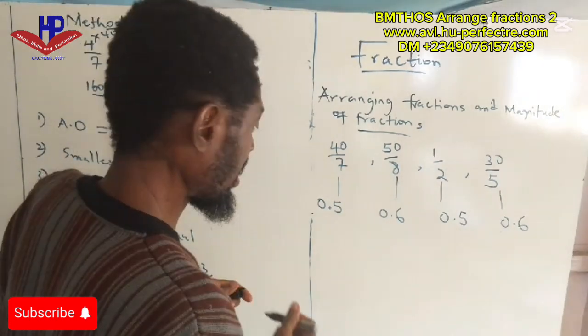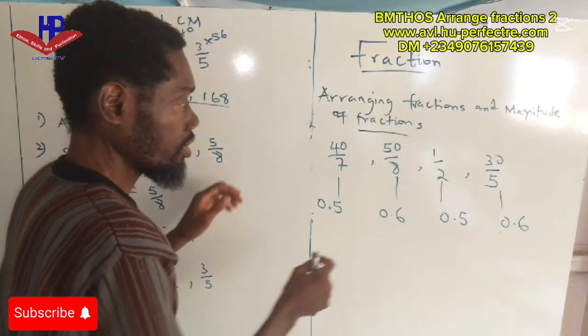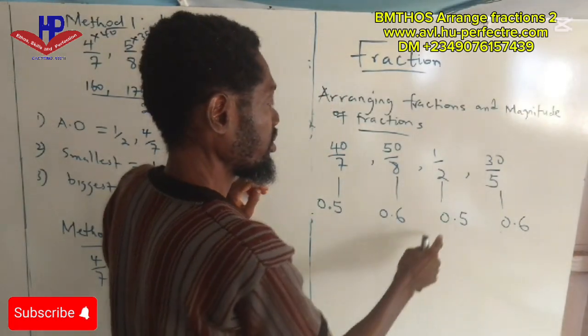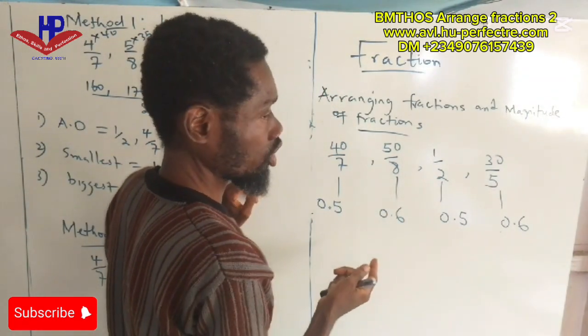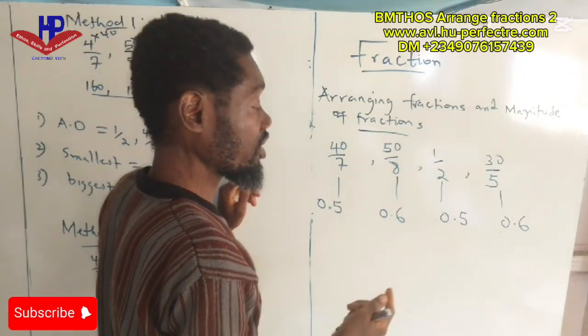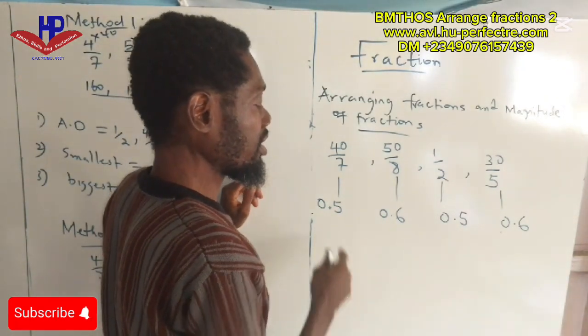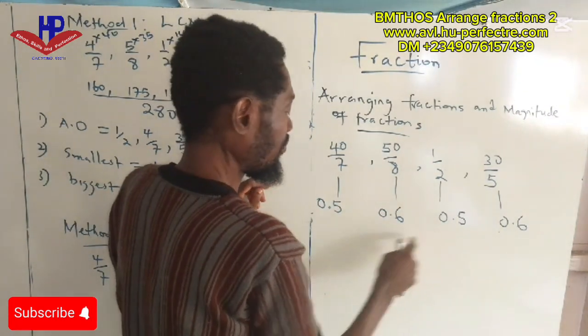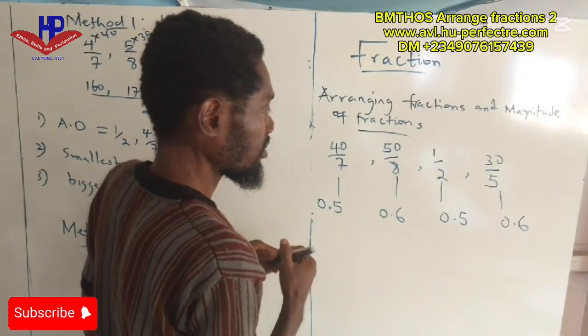Now, you will notice that these two numbers here have the same decimals. So we cannot arrange them because they seem to be the same for now. Since it is one decimal we have here, let's deal with 0.5 and 0.5 first.